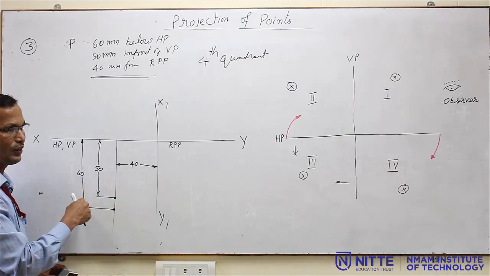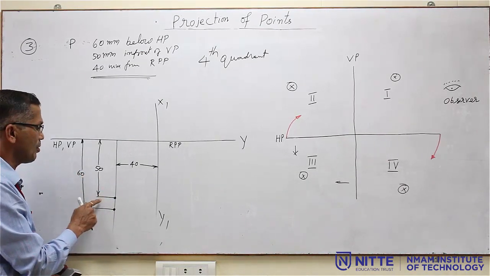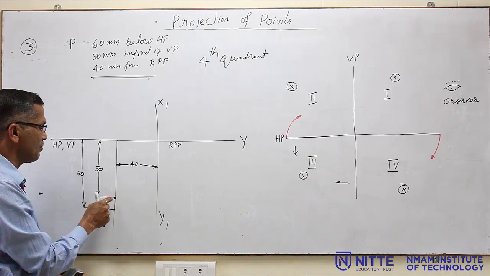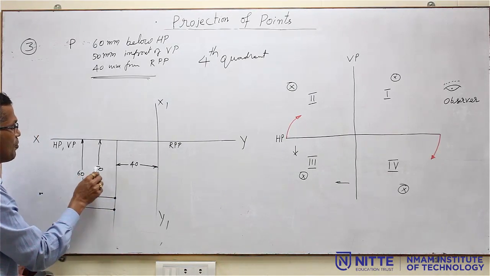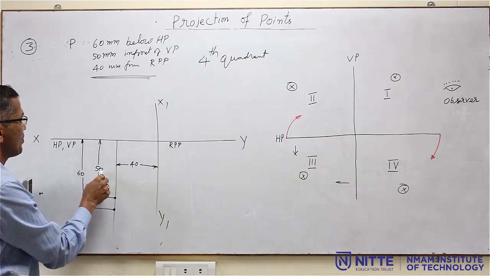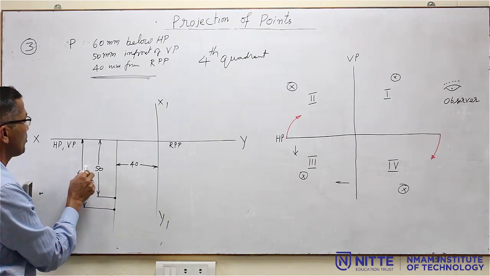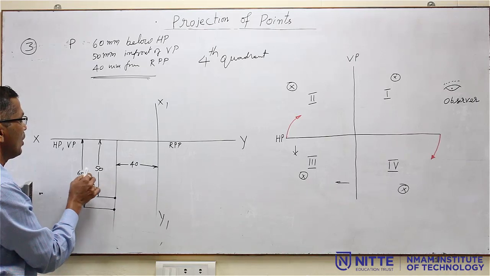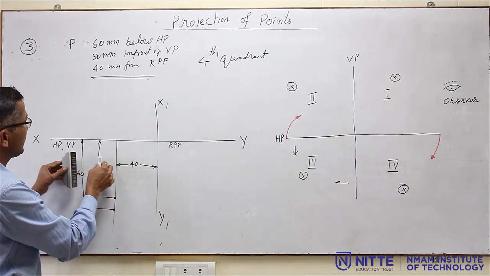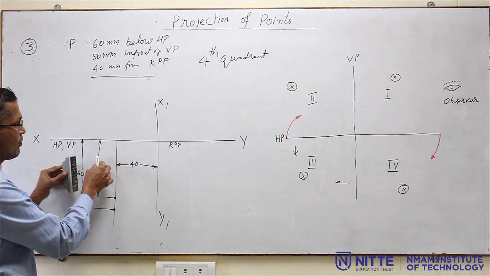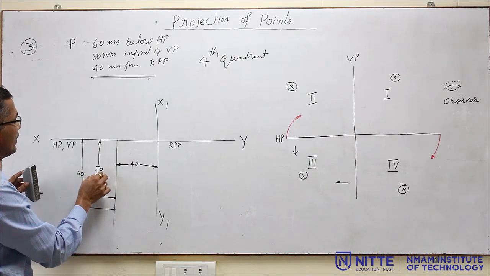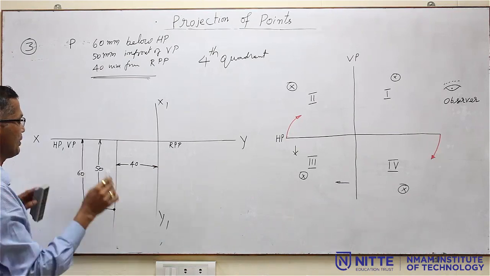It may be more than that also. Similarly, between the two dimensions, this one 50 mm and the other 60 mm, there should be a minimum gap of 8 mm or more. You can't place both dimensions very close.